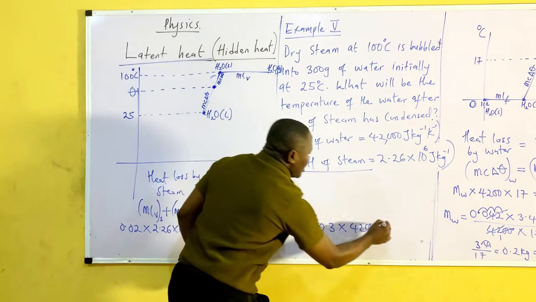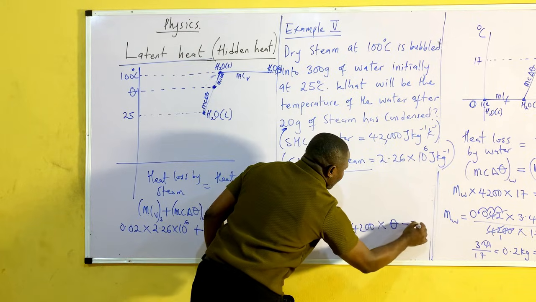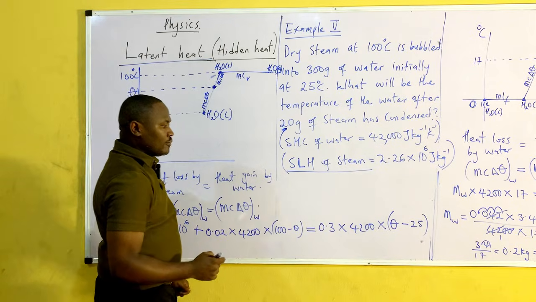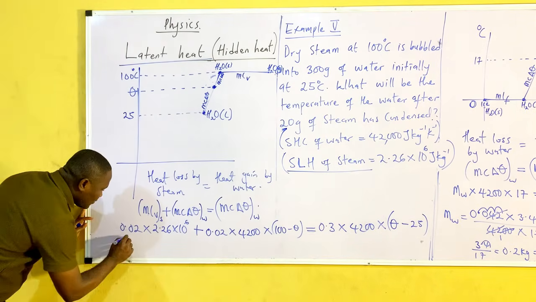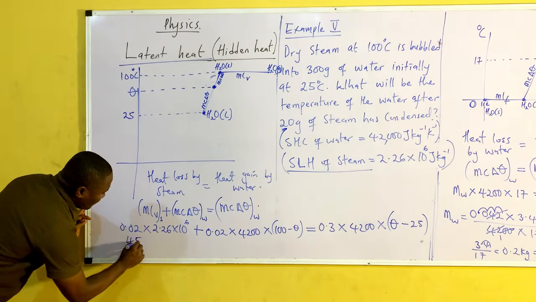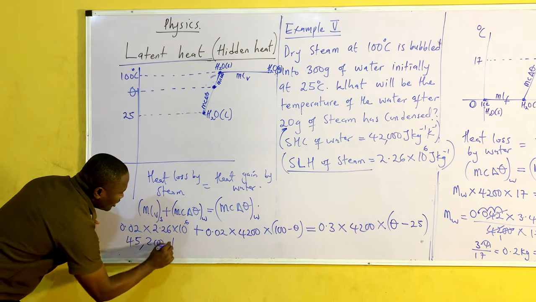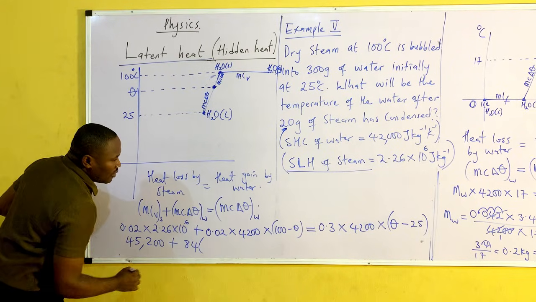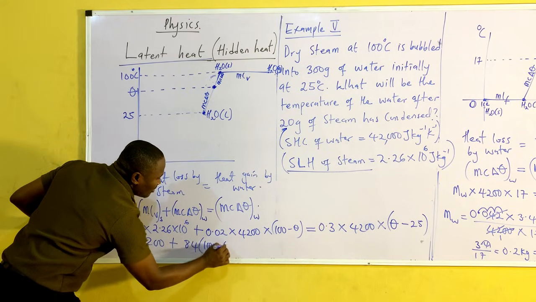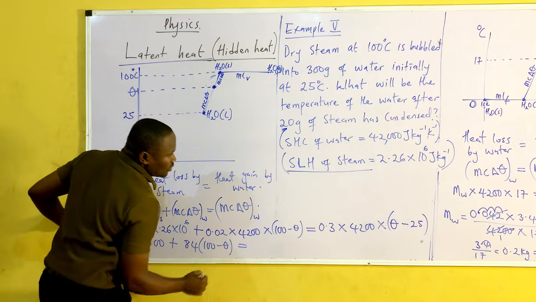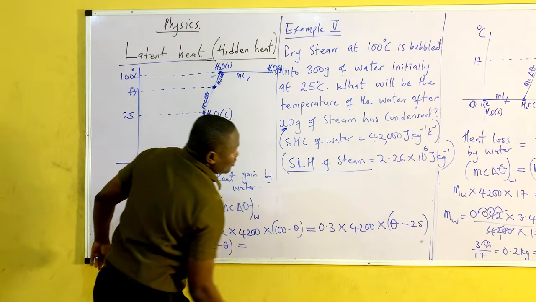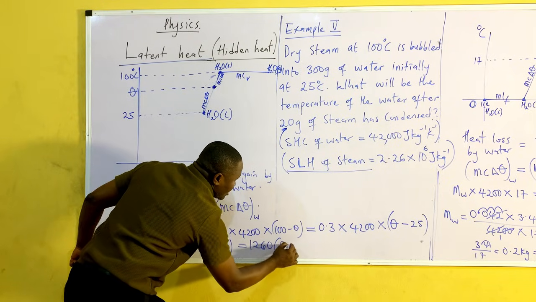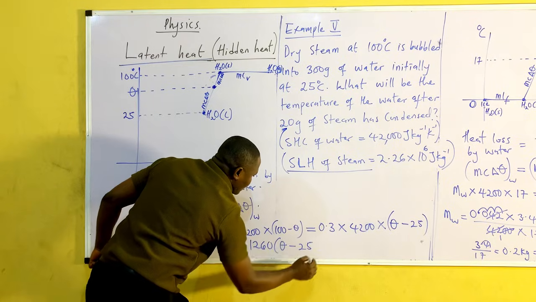So it becomes theta minus 25. It is theta I'm looking for in the question. So this is 45,200 plus this becomes 84 bracket 100 minus theta is equal to 1260 bracket theta minus 25.